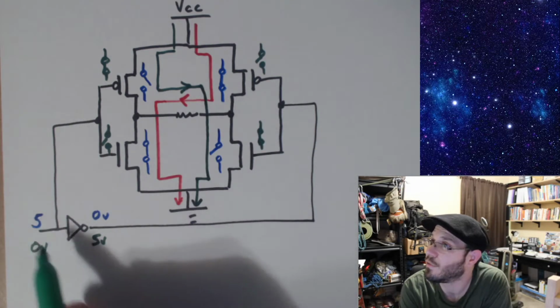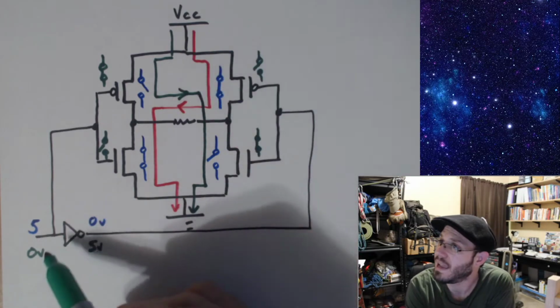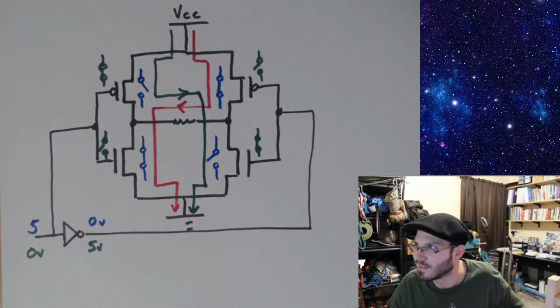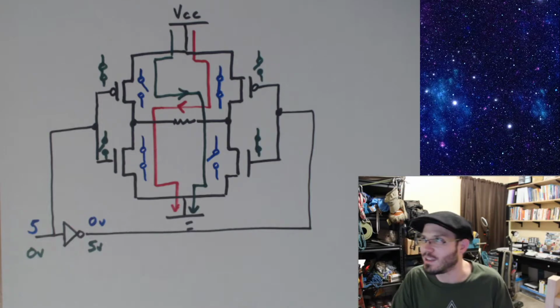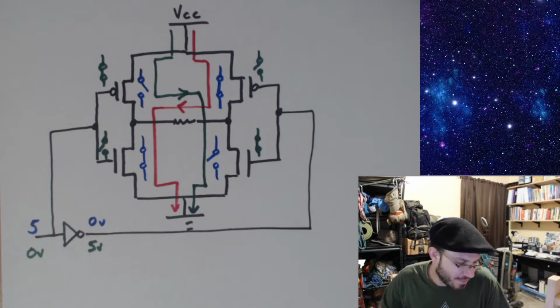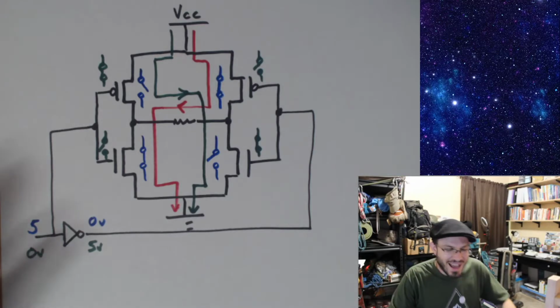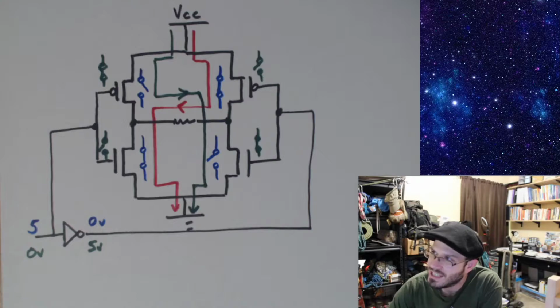So depending on if we gave it 5 volts, we'd get the current going to the left, and if we gave it 0 volts, the current would go on the green line to the right. Okay, so incredibly valuable circuit. This circuit is very, very useful. Not just for motors, but you can use H-bridges anytime you want to change current direction through something.